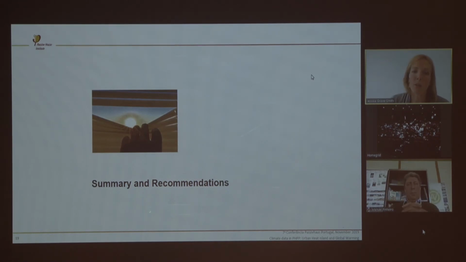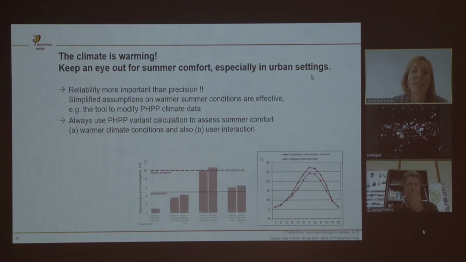I'm coming to a close. I want to kind of highlight the warming. We know that from historical data, and that's also what all the projections are telling us. So it's really important that you keep an eye out for summer comfort, especially in the urban settings. The reliability of your calculations is much more important than precision.